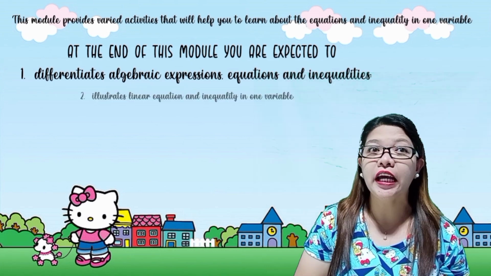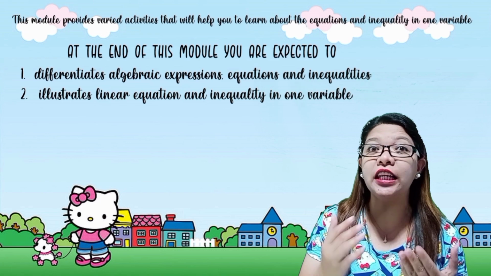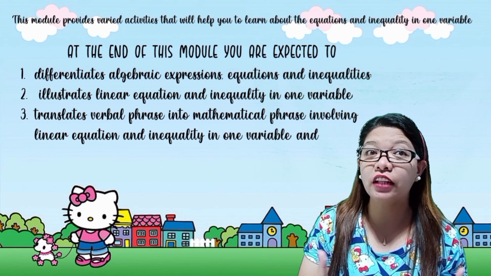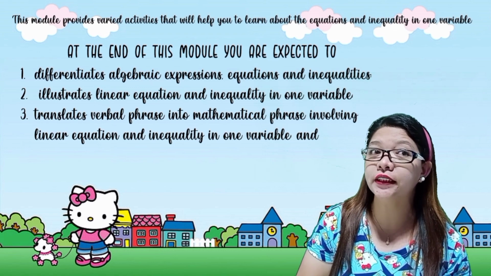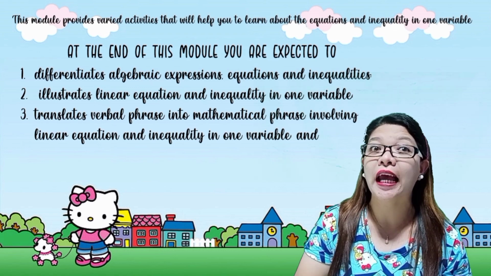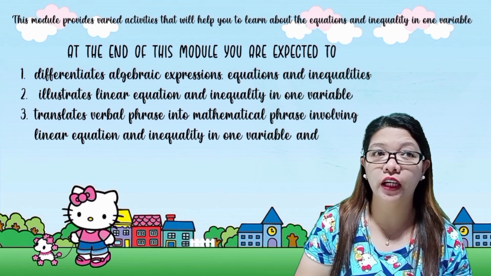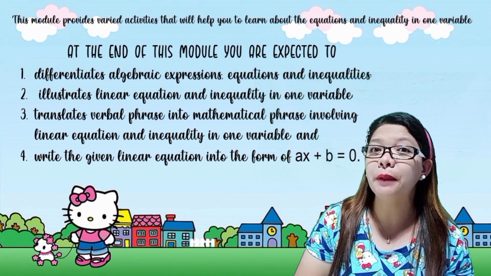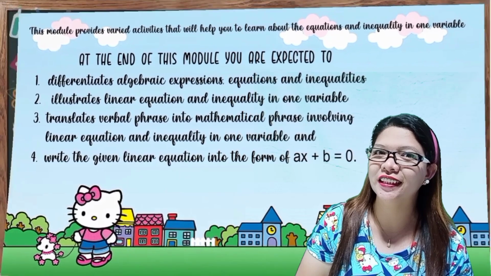Number 2, illustrate linear equation and inequality in one variable. Number 3, translate verbal phrase into mathematical phrase involving linear equation and inequality in one variable. And number 4, write the given linear equation into the form of ax plus b is equal to 0.